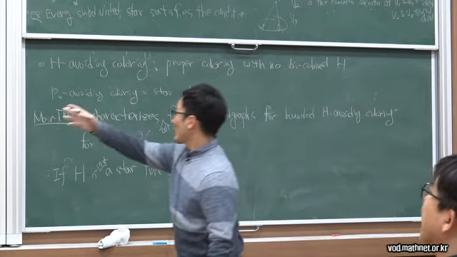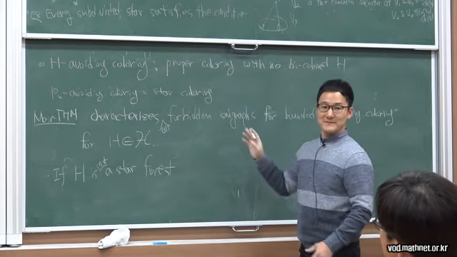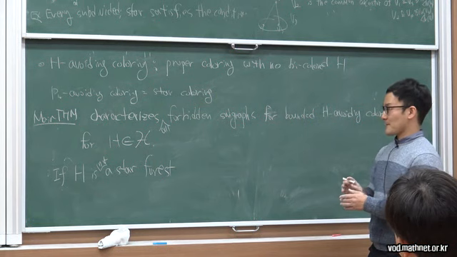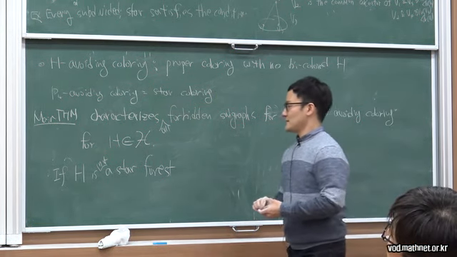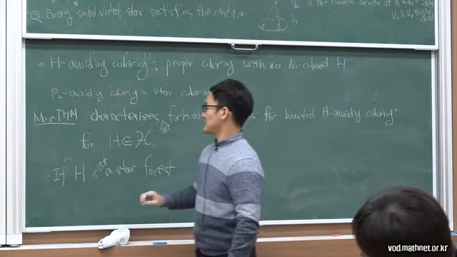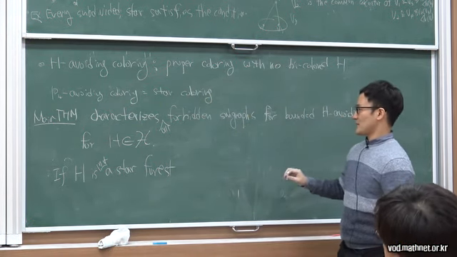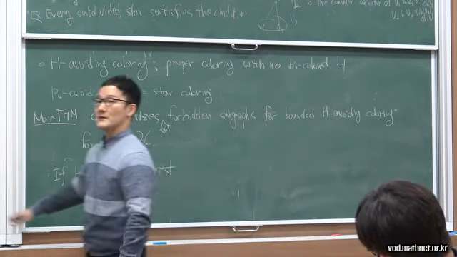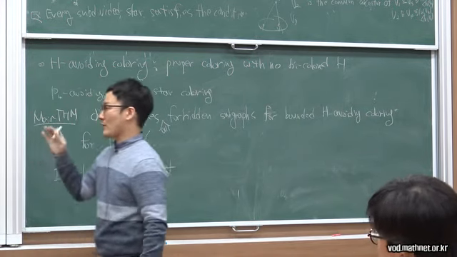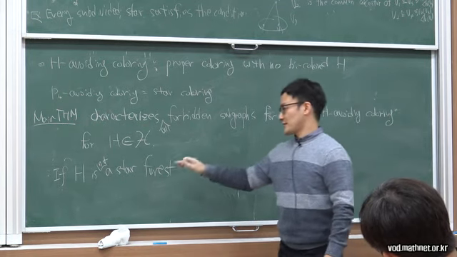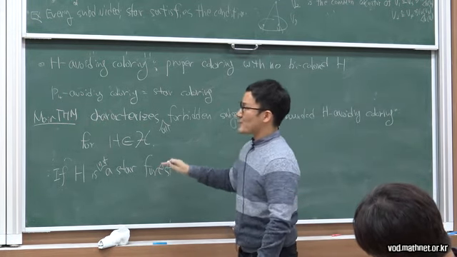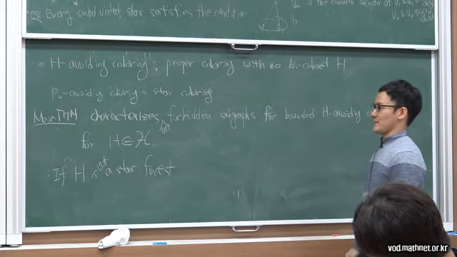Here P4 and here C4 are not star forests, and the results are the same. So if H is a member of this class and H is not a star forest, then the results are the same. But if H is a star forest, then the problem becomes easier and you can characterize it very easily.